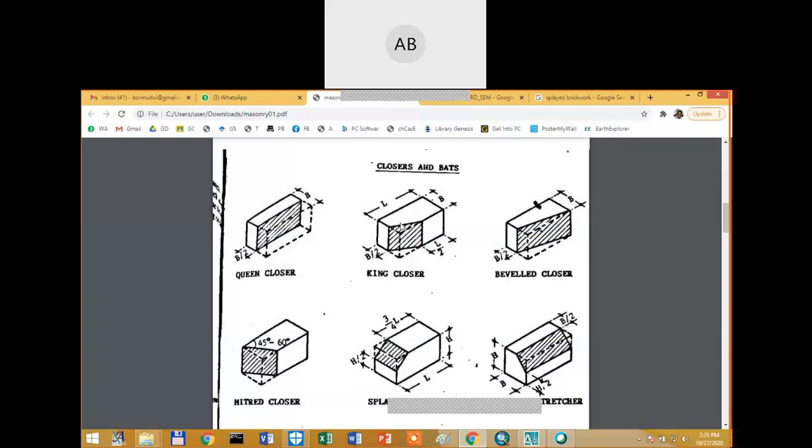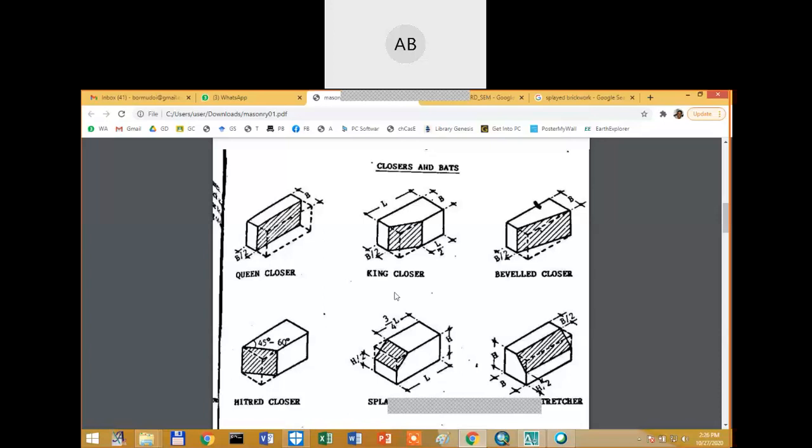King closure is somewhat similar to the bevel closure, but in the bevel closure, along the length it starts at the beginning of the length, and along the thickness it is the same as the king closure. If you cut this out and use the other part, it is known as the bevel closure.